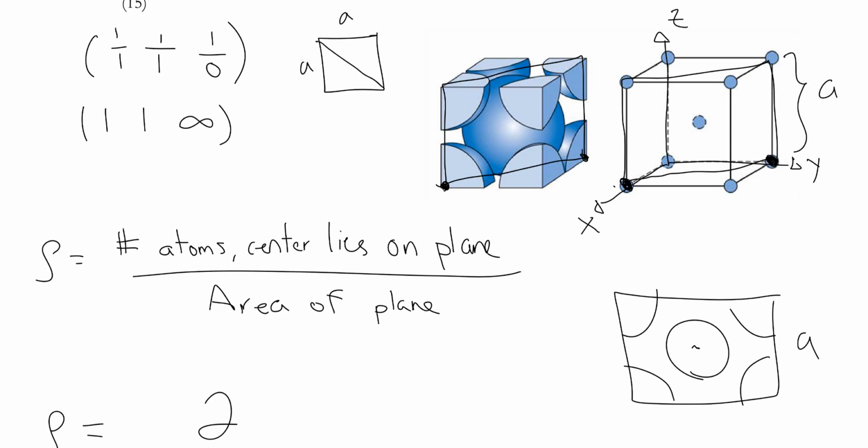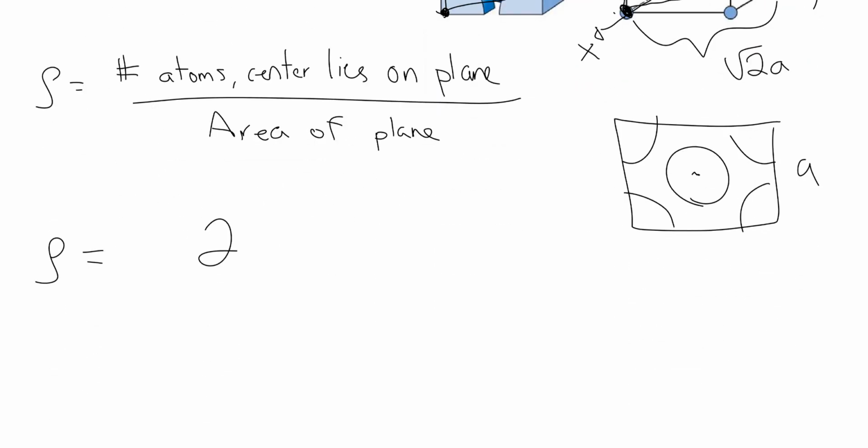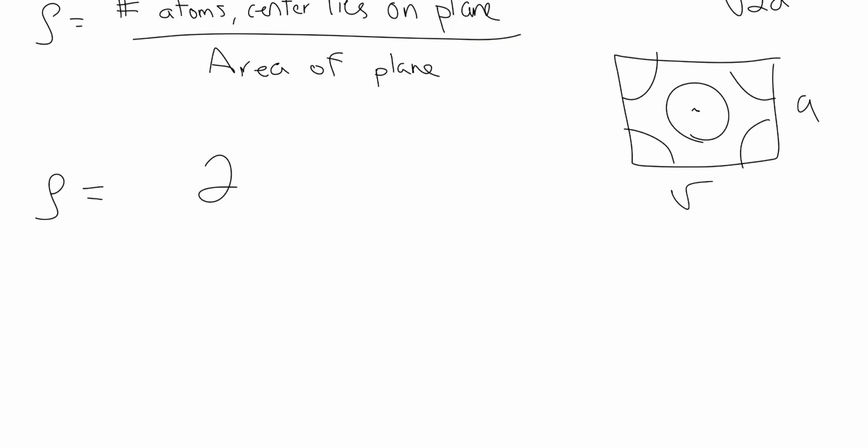When we cross, which is this length, that length is found to be root 2 a. Just plug into the Pythagorean theorem: a squared plus a squared is equal to the desired length squared, and you should get root 2 a. So going back down here, this length is root 2 a. When we multiply those two together, we get root 2 a squared.